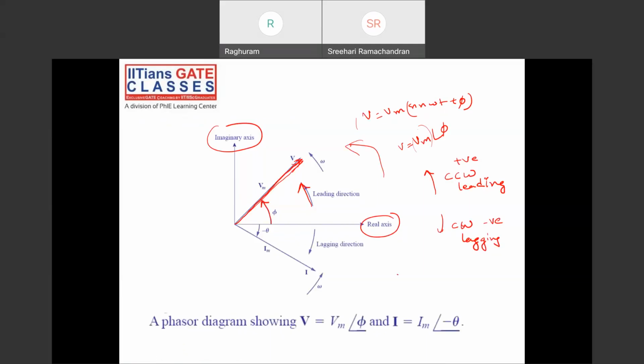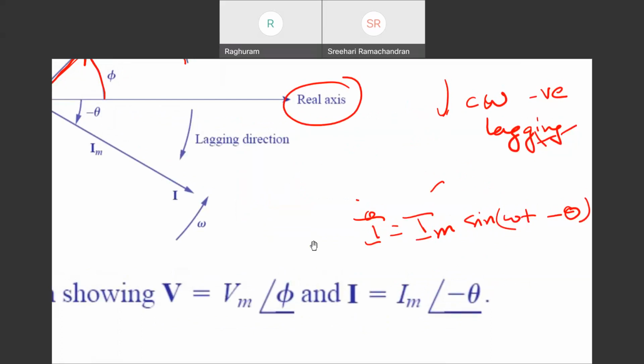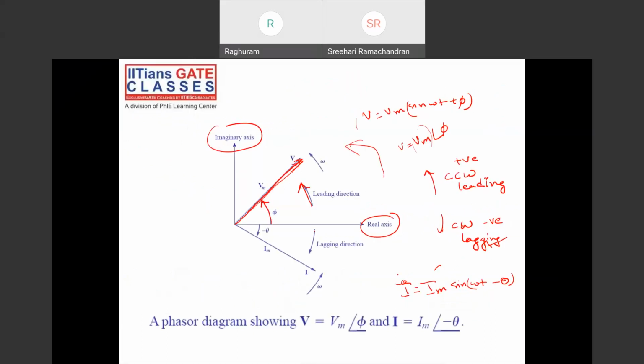Similarly, I is equal to Im sine omega t minus theta. So this is the lagging one. Im minus theta will always be lagging. This is Im at an angle minus theta.